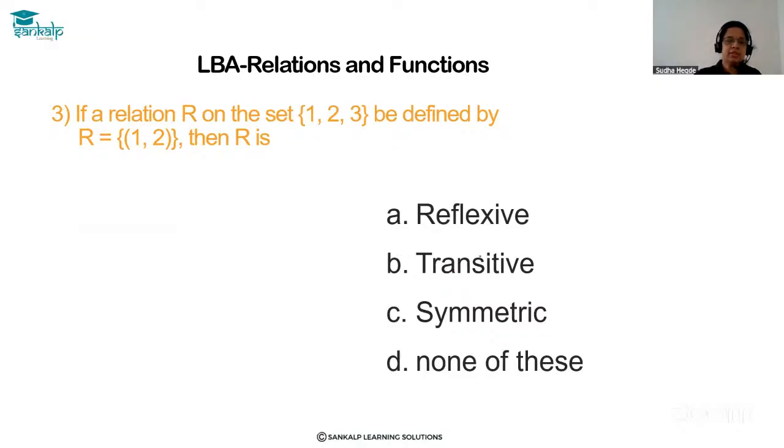Hi students, today let us take this question. If a relation R on the set {1, 2, 3} is defined by R = {(1, 2)}, then we need to check whether R is reflexive, transitive, symmetric or none of these.